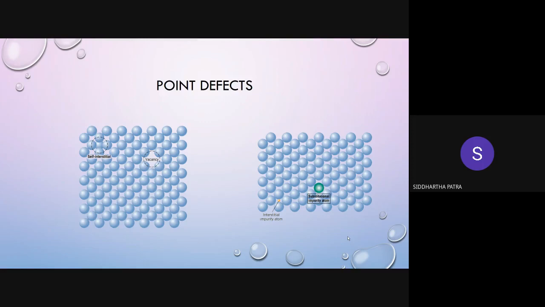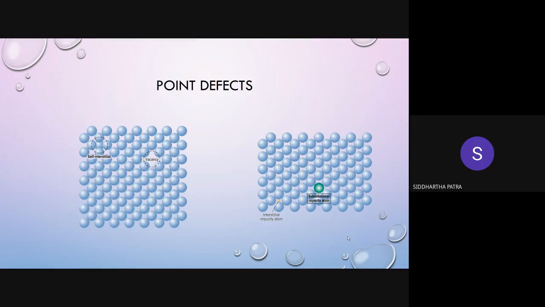It is not occupying any vacant position in that. Whereas the green sphere right there is occupying the position of one of the blue spheres. So it is substituting for that blue atom. Imagine that is an atom of chromium occupying a position in the iron solvent.